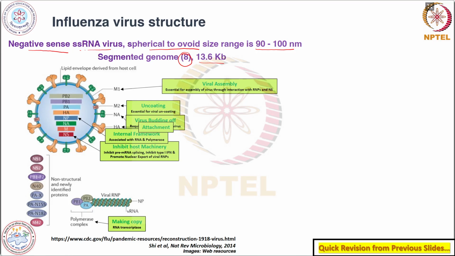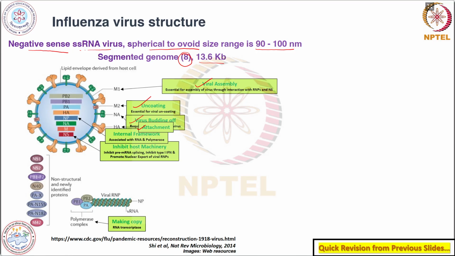It also has M1 and M2 proteins, which are responsible for viral assembly and uncoating of the virus. Neuraminidase is responsible for budding after a new virus is formed, and hemagglutinin is responsible for attachment to the host cell.